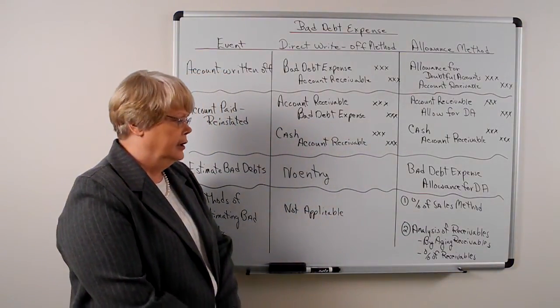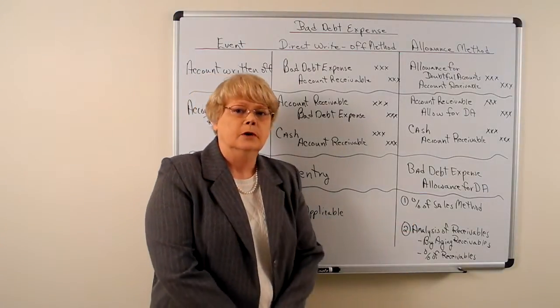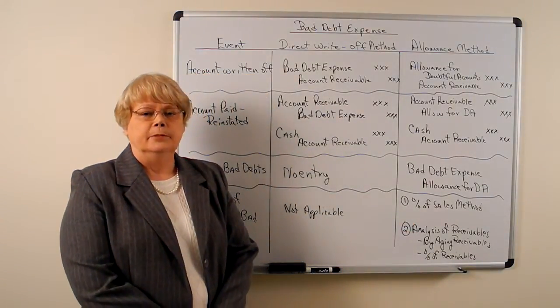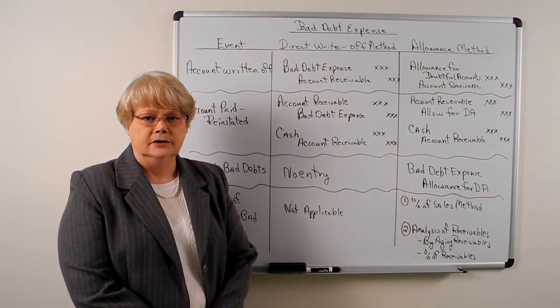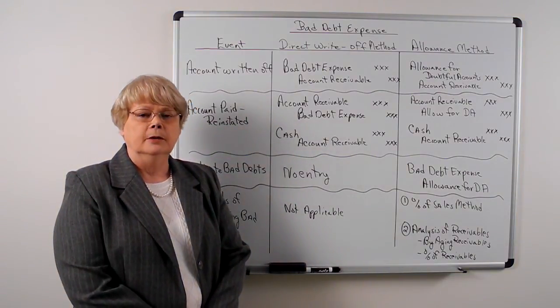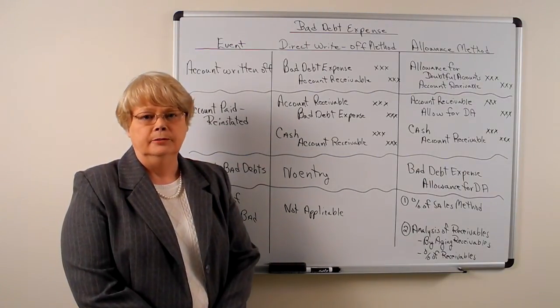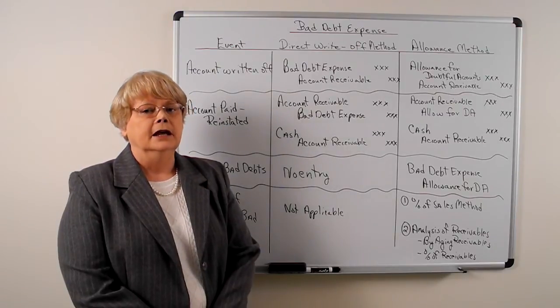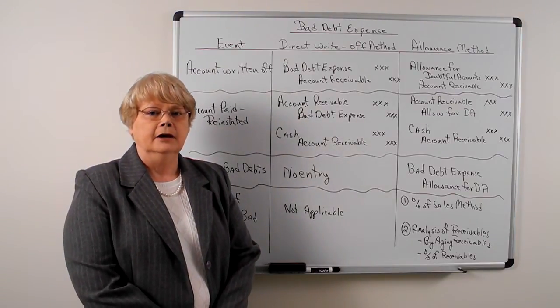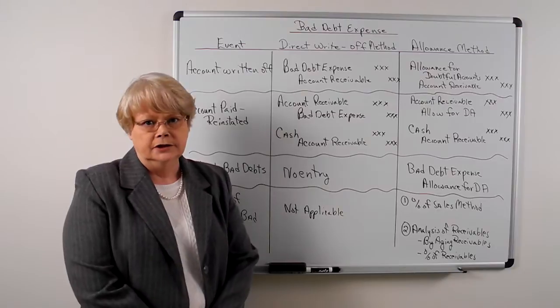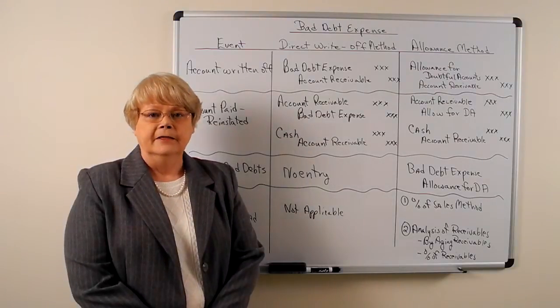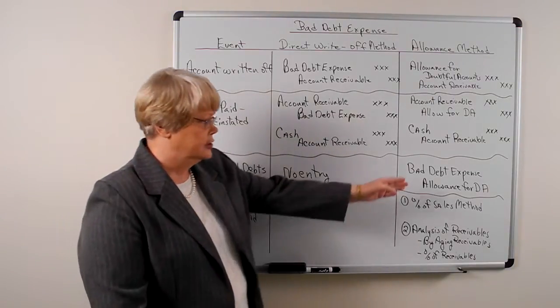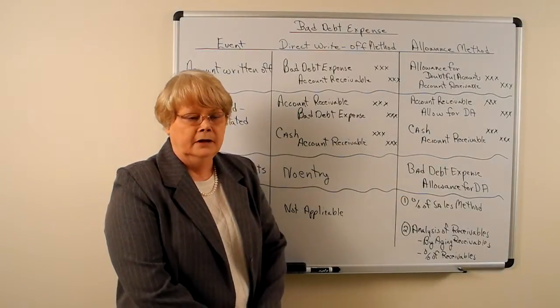Under the percentage of sales, what we're going to do is take a percentage of our actual sales. The percentage that we come up with is based on historical information, what's happened in the past, and we take the amount of the actual calculation, the percentage of sales, and that is the amount that we put in this journal entry right here. Okay?